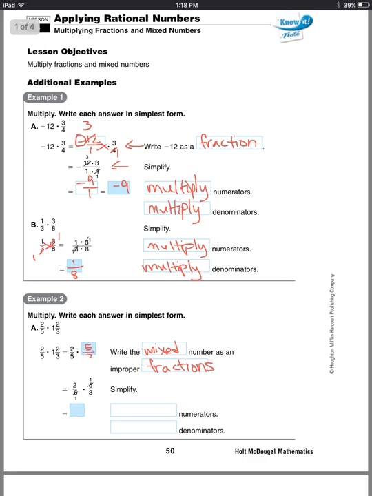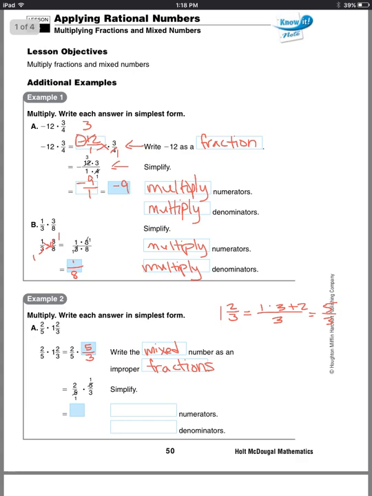And we leave it over our denominator. Because remember, 1 and 2/3, when you change that into an improper fraction, the 3 stays your denominator, and you have 1 times 3 plus 2. Order of operations tells me to multiply 1 and 3, get 3, plus 2, get 5. So we have 5 over 3.